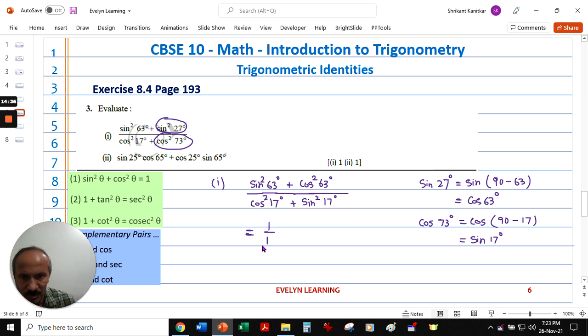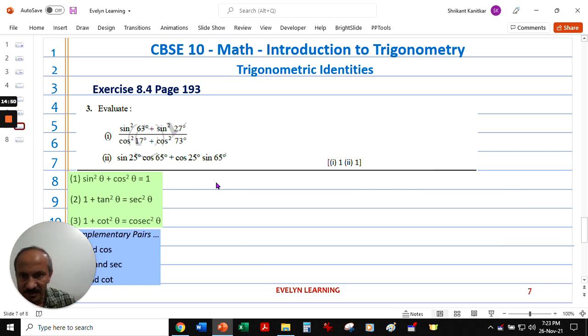So the first expression can be rewritten as sin square 63 degrees, I will keep it as it is. This is question number 1 I am solving here. Plus sin square 27 degrees can be written as cos square 63 degrees. And how is that? We know that sin 27 can be written as sine of 90 minus 63.